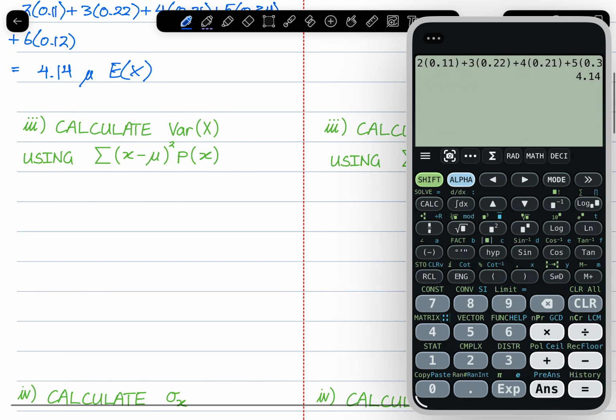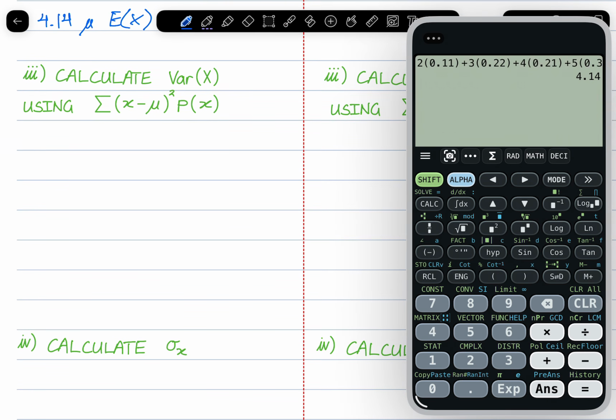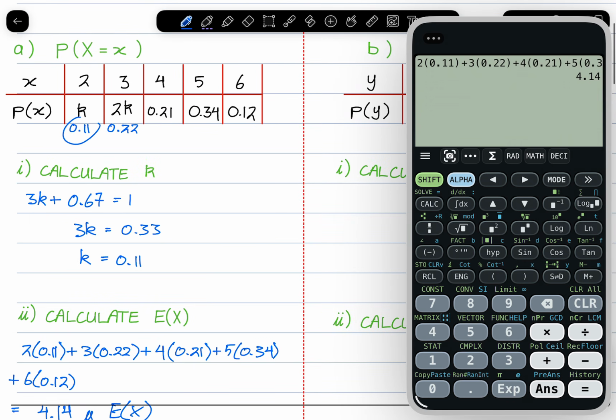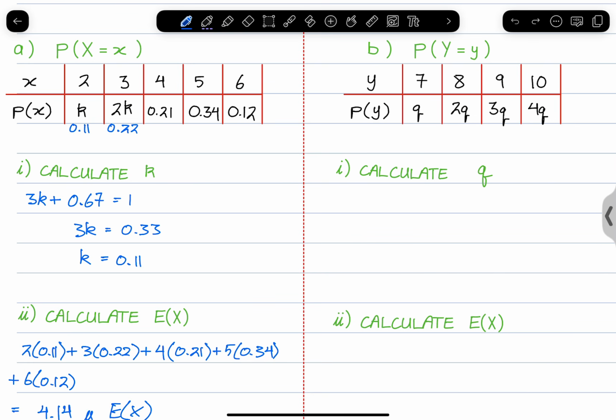So writing this out, notice how I've put more space here. This will be 2 minus our mean, 4.14. We're going to square this and multiply this by its corresponding probability of 0.11.